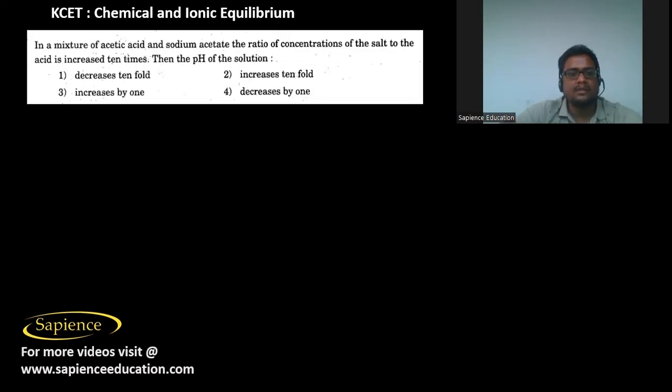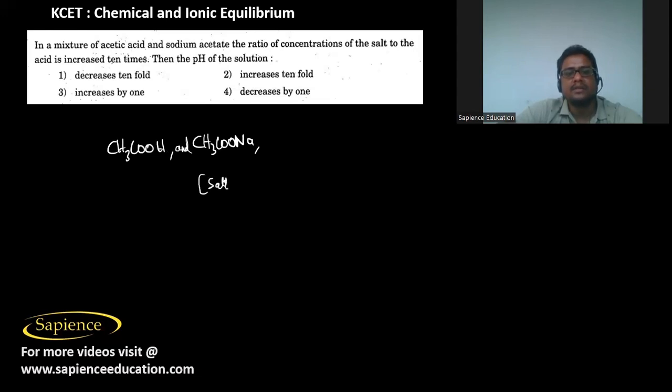Then it is told in a mixture of acetic acid CH3COOH and sodium acetate, which is CH3COONa, the ratio of concentration of the salt to the acid is increased 10 times.